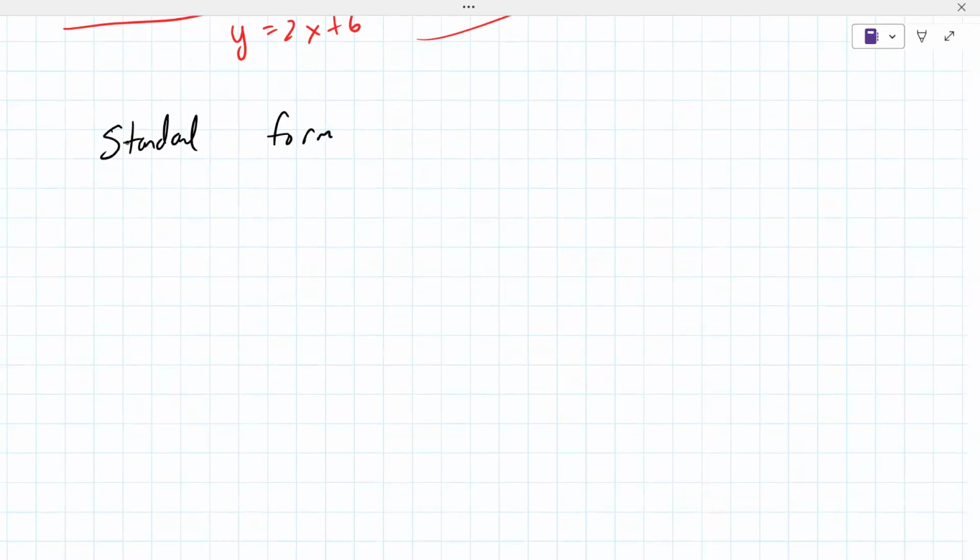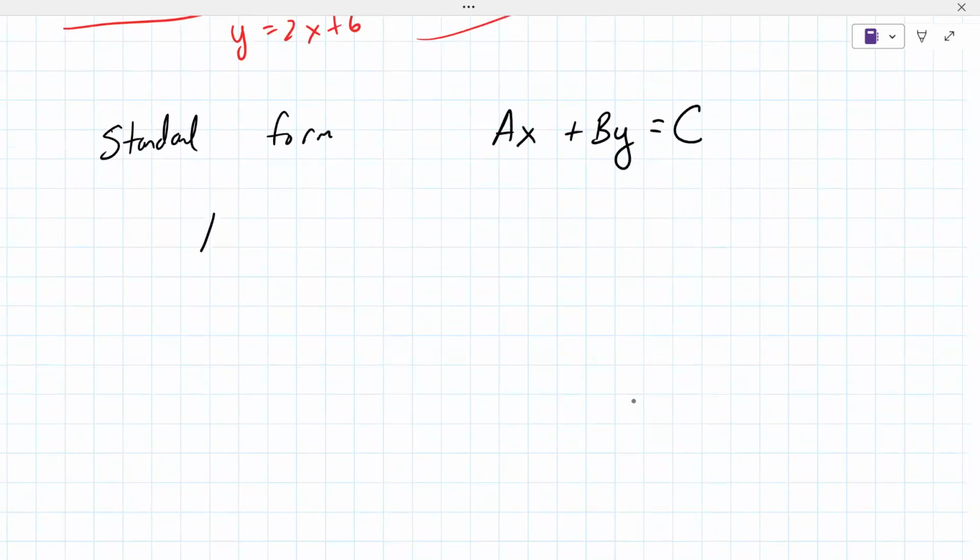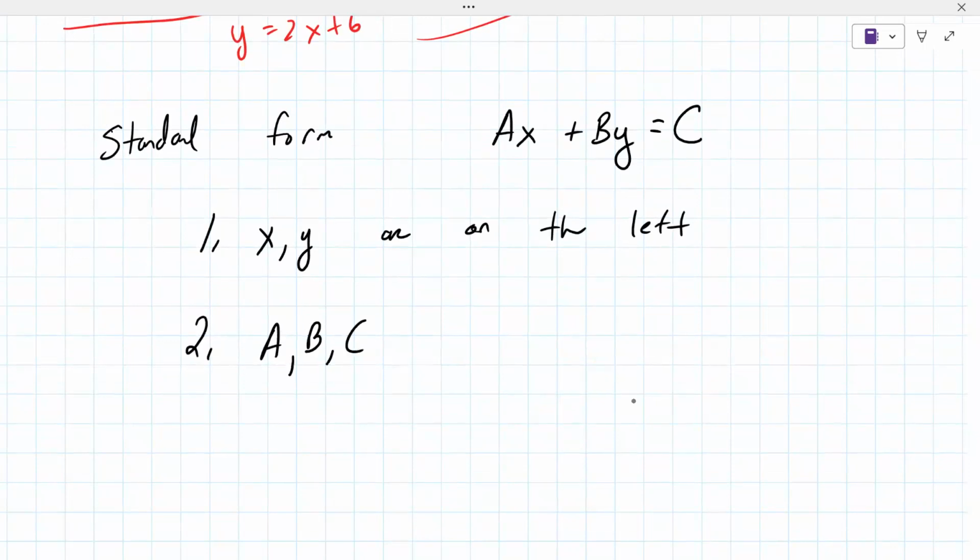Standard form is Ax plus By equals C. There's a couple of rules here for this. The first thing you might notice is that the x and y are on the left, which is different than the other ones that we've talked about. The second thing is that A, B, and C are integers.